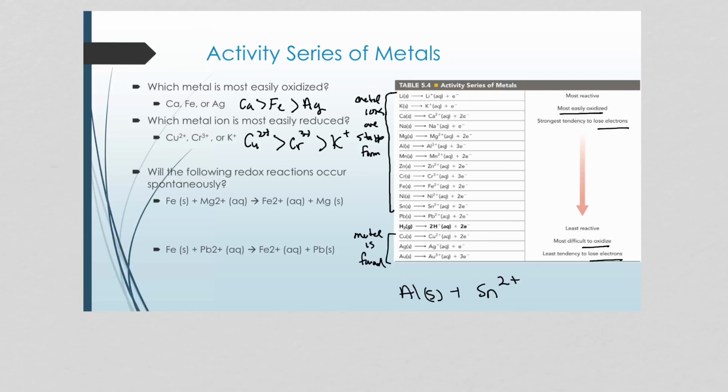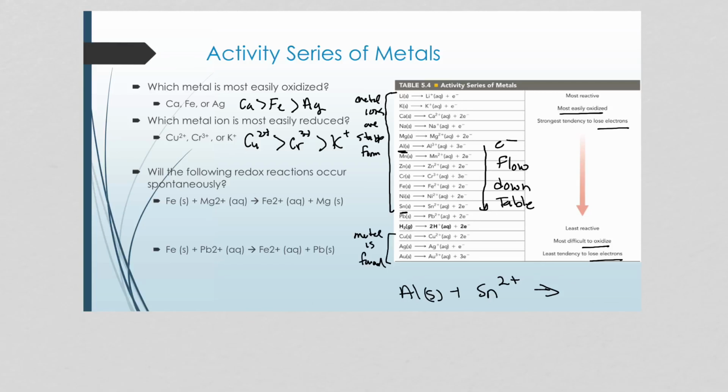If we find aluminum up here and tin down here, we can see that electrons would easily flow from aluminum down to tin. It's going to be easy to lose up here, harder to lose, which means easier to gain, down here. So this reaction would indeed happen. It would be what we call spontaneous. And so generally speaking, electrons will flow down the table.